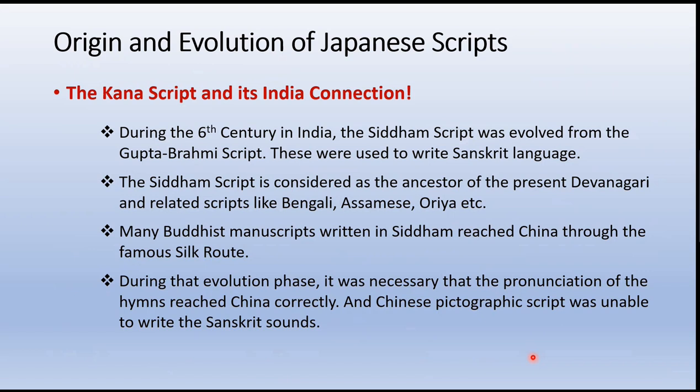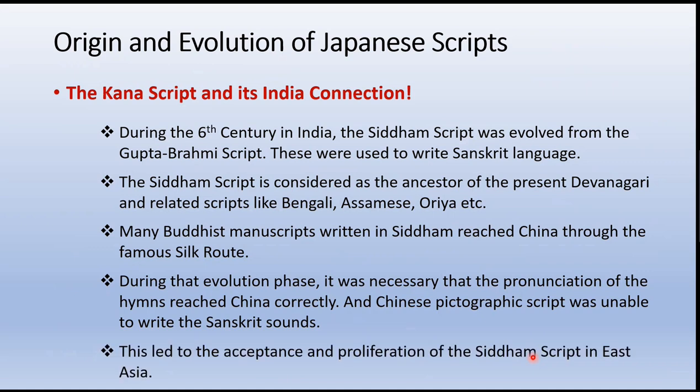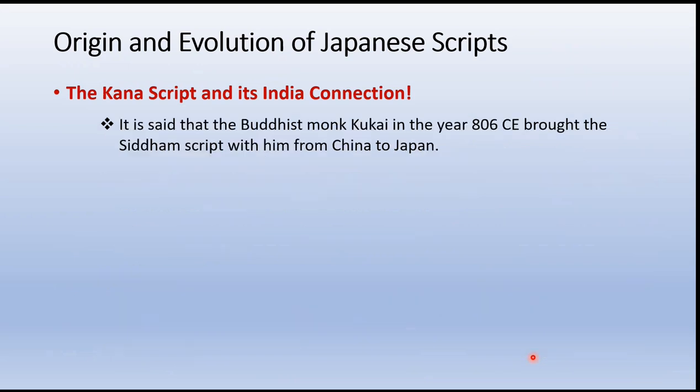It was incapable, and that led to the acceptance and proliferation of the Siddham script in East Asia. It is said that the Buddhist monk Kukai in the year 806, that is in the 9th century, brought the Siddham script with him from China to Japan.